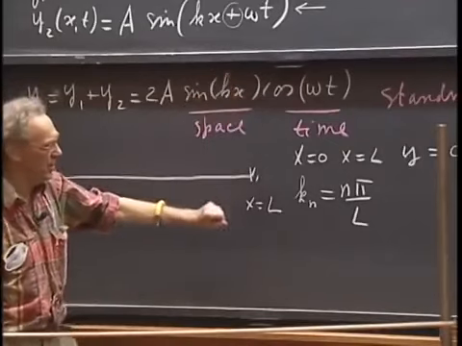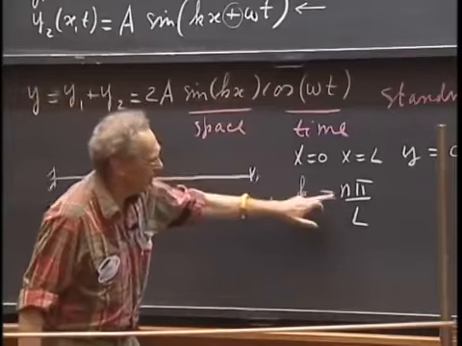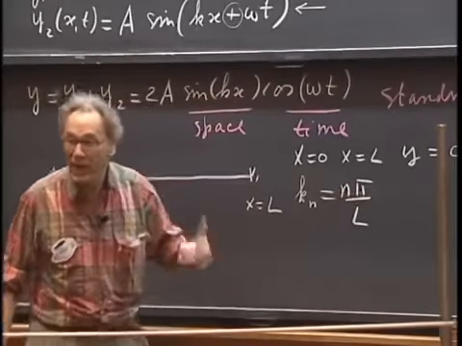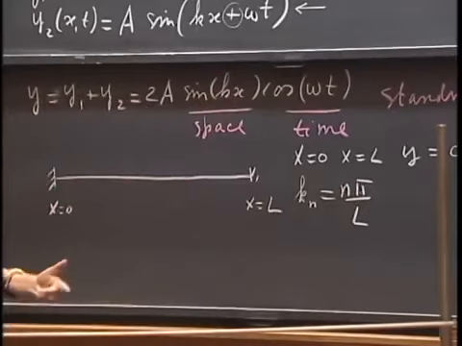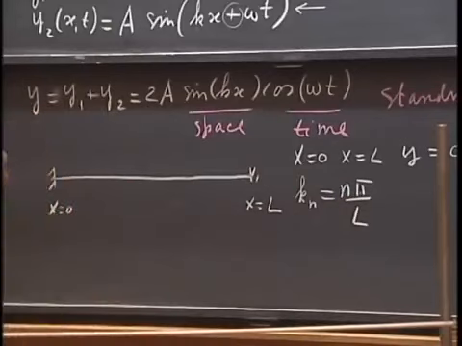That's not an issue. But you see now, if x equals L, then you get n times pi. And so again, the sine becomes 0. So I've met this boundary condition that this point cannot move.